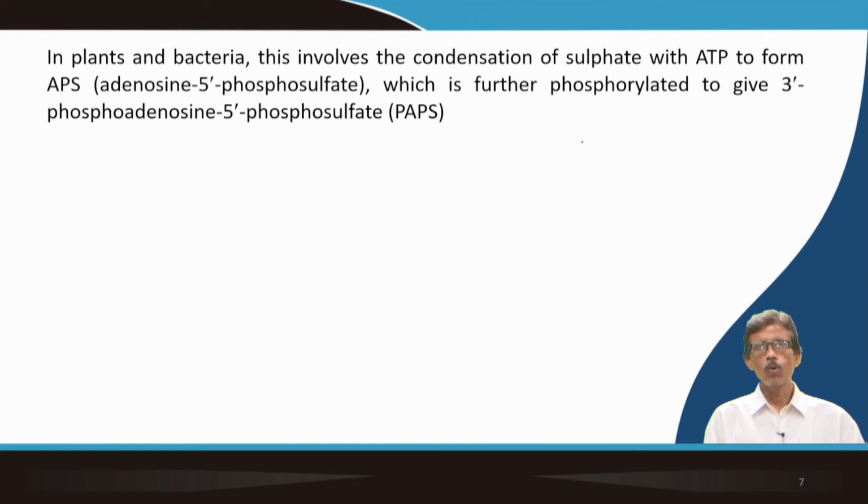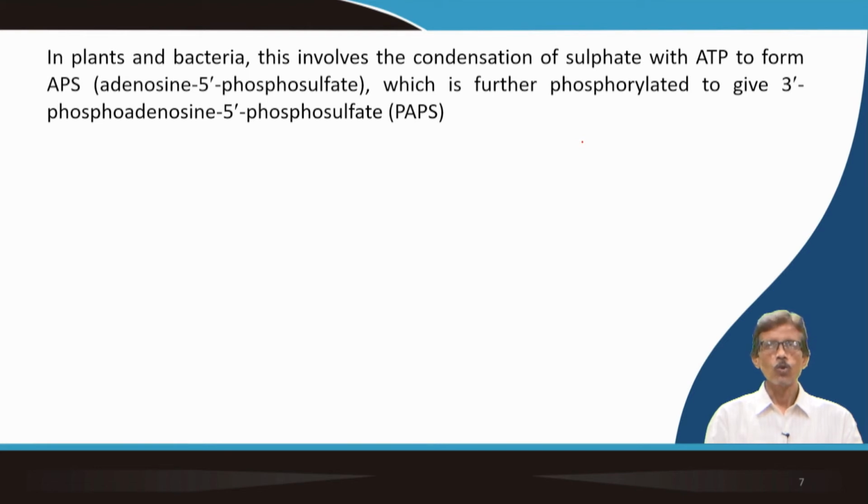So, let us go further and talk about the plants also. In case of plants, the condensation of sulphate, like phosphate, though these two are not similar, is that you will have only the phosphate chains, like the triphosphate chain in ATP to AMP molecules. But sometimes it can so happen that sulphate can give rise to a similar reactivity pattern, that means it can attach to the phosphate end of the ADP or AMP molecule.